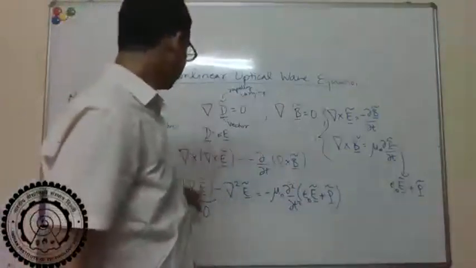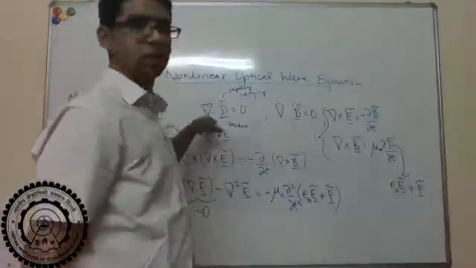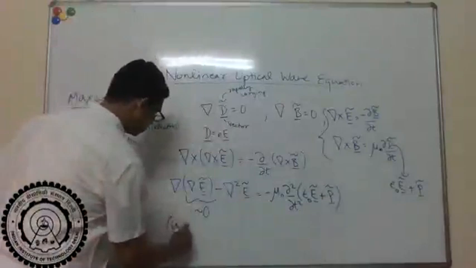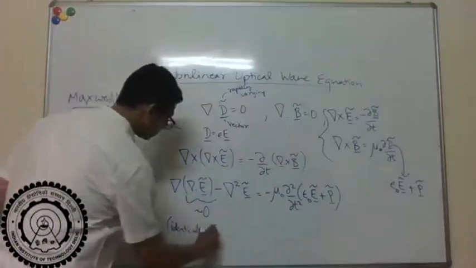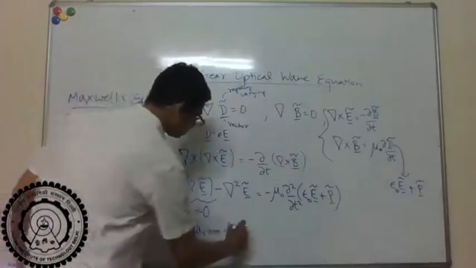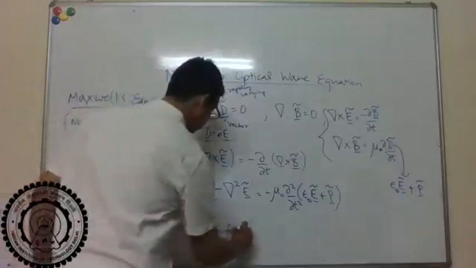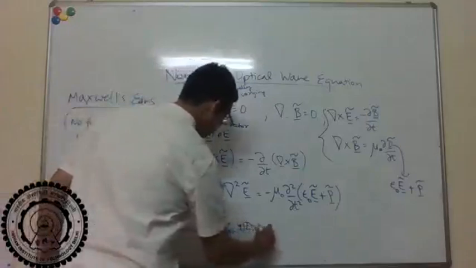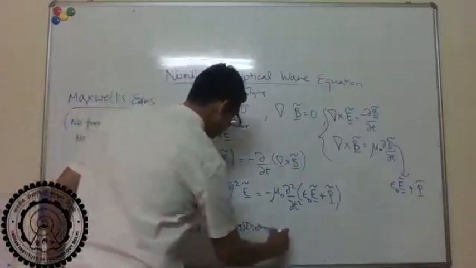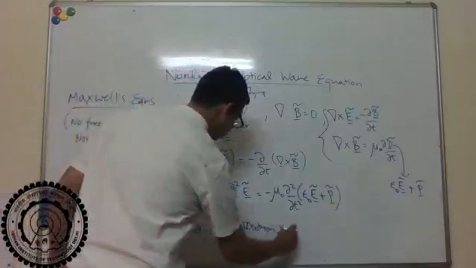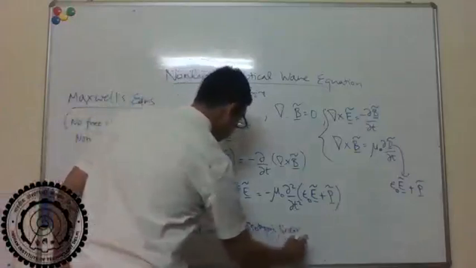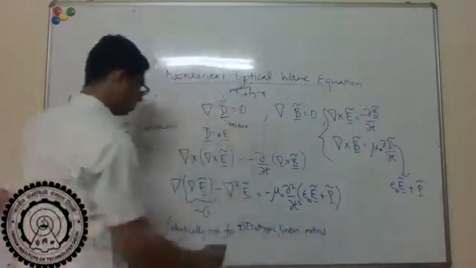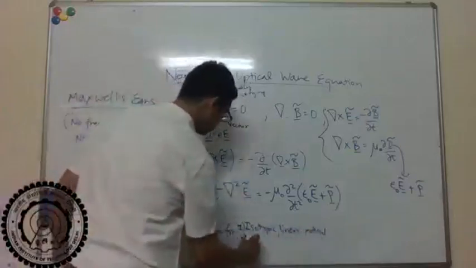So from here, I directly get that del dot E is zero, right? So this is identically zero for isotropic materials in the linear regime.